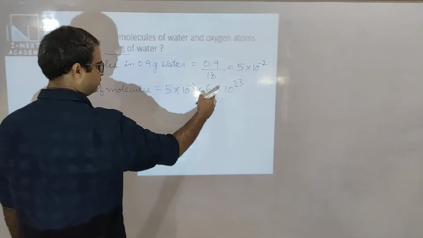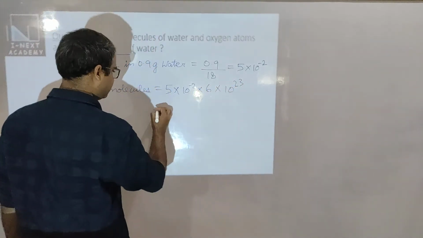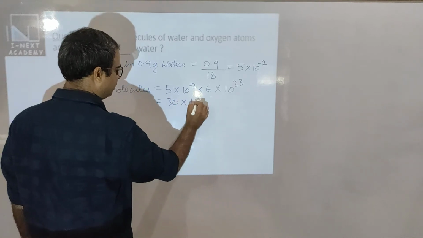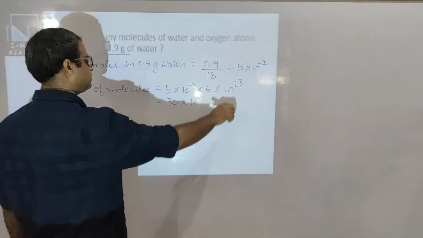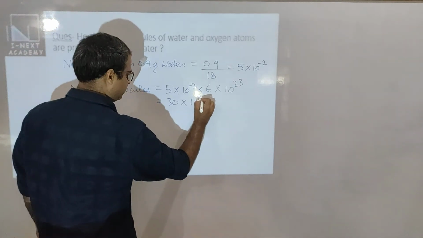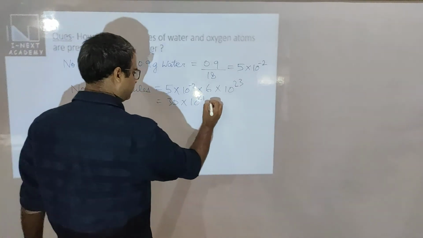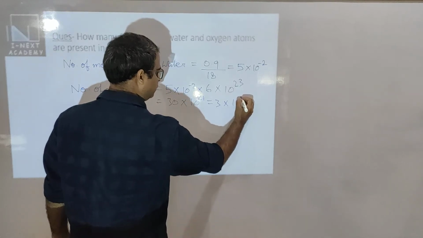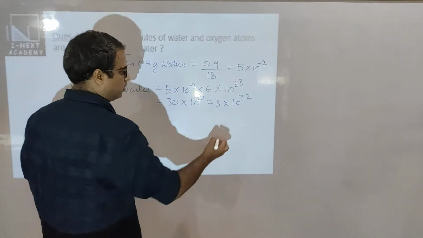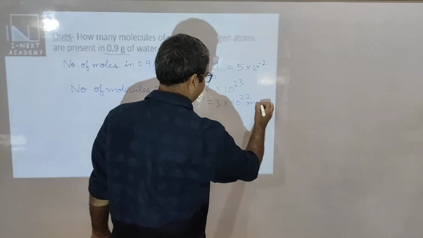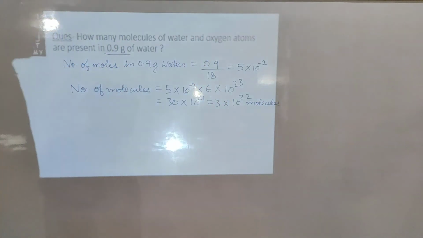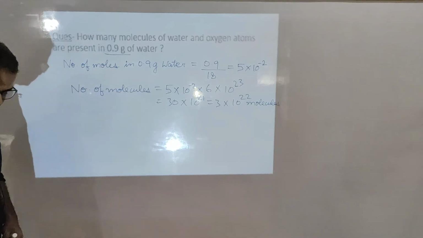It is 6.023, but for calculation we are writing 6 here. So this will give 30 into 10 to power minus 2, and here plus 23. This will be 21, 10 to power 21. You can write it as 3 into 10 to power 22. So there will be 3 into 10 to power 22 molecules of water in 0.9 gram of water.